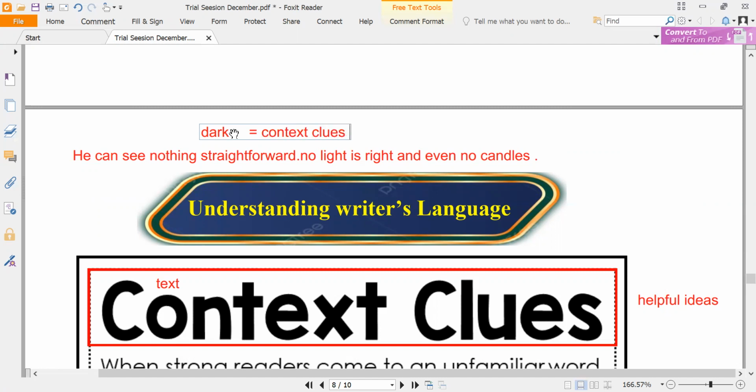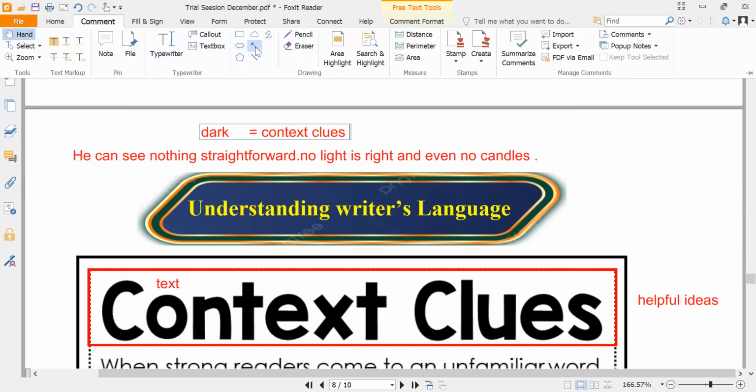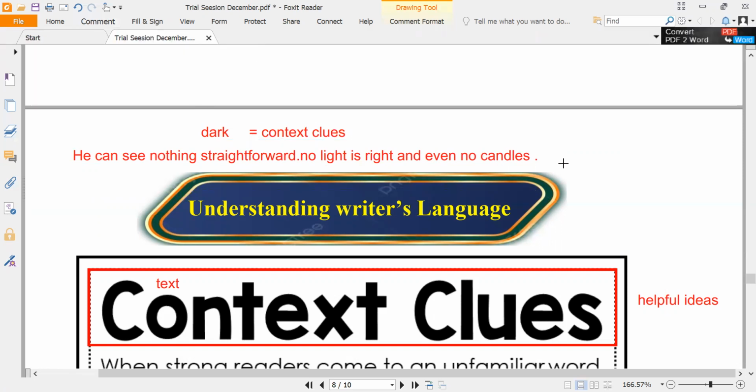The context clues means there were helpful ideas here that help me decide that it's dark. What are the clues here? Number one, he sees nothing. If somebody sees nothing, it can be either he is blind, he has a problem with his eyes, or the place is dark.